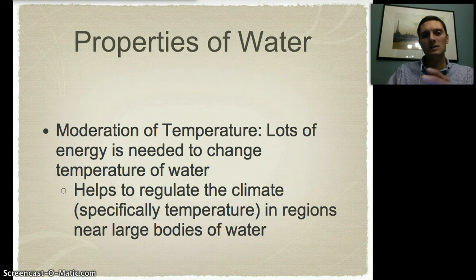Because Coos Bay is close to the water, and because Omaha is in the middle of the country and not surrounded by any water, and because lots of energy is needed to change the water temperature, the ocean close to Coos Bay is helping to stabilize that temperature, whereas Omaha doesn't have that large body of water to help stabilize the temperature, and so it has big changes in temperature. The changes are very extreme.